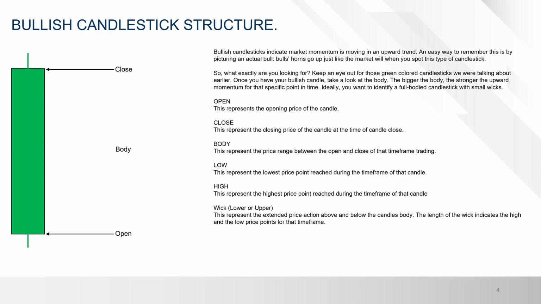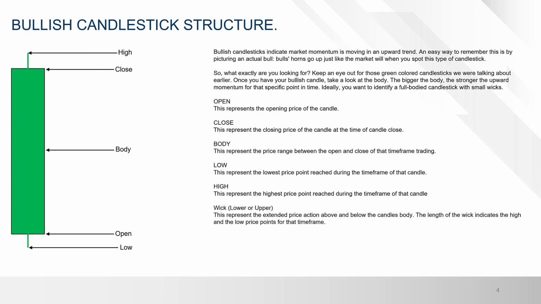Then we've got the body. This represents the price range between the open and the close of that time frame trading. Then we've got also the low, which represents the lowest price point reached during the time frame of the candle.